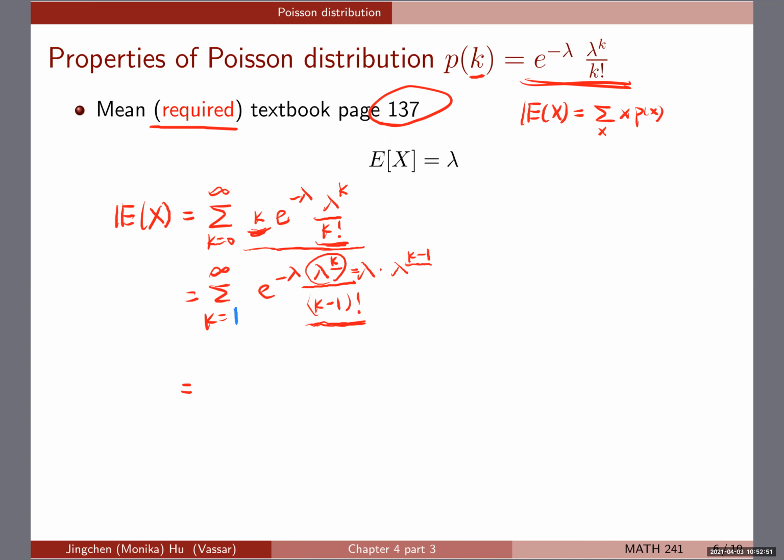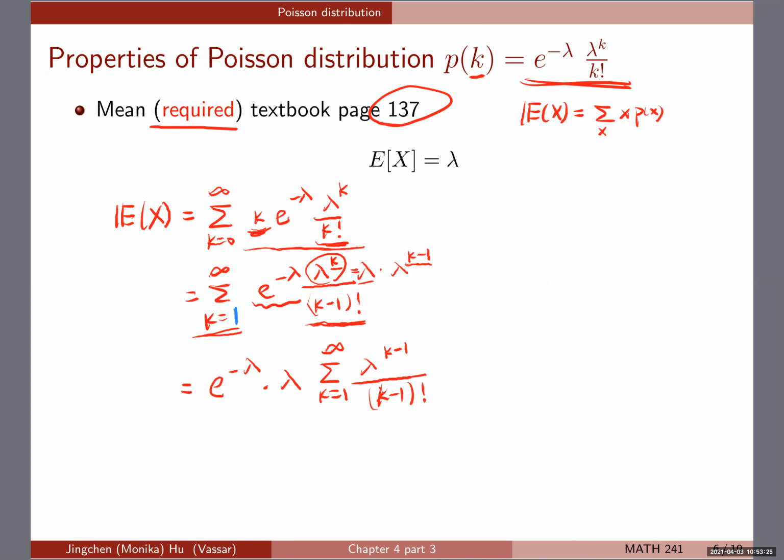So if I bring my lambda to the power of k to lambda times lambda to the power of k minus 1, I have an extra copy of lambda, which is not governed by the summation, right? And also e to the negative lambda is not governed by the summation either, because the summation is about k. Both of these are out from my summation, because my summation is about k.